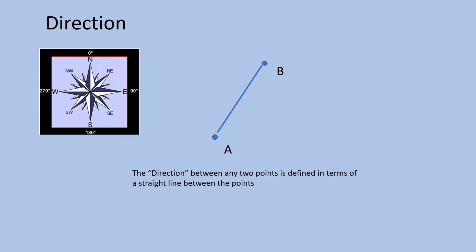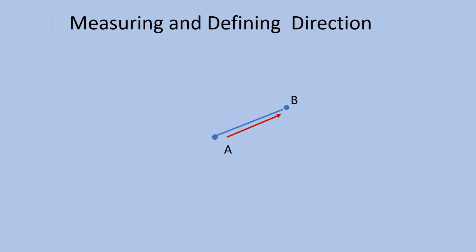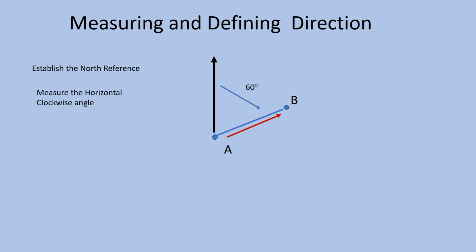The direction between any 2 points is defined in terms of a straight line between the 2 points. The direction is directional, that is, it is from A to B. To measure the direction between 2 points, we must first establish a north reference, then measure the horizontal clockwise angle from the north reference to the line between the 2 points.